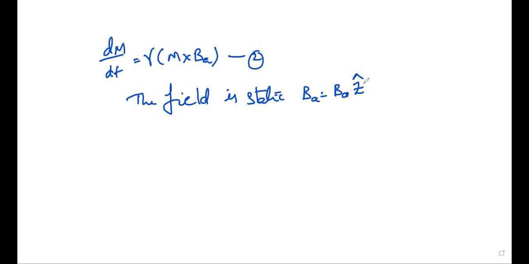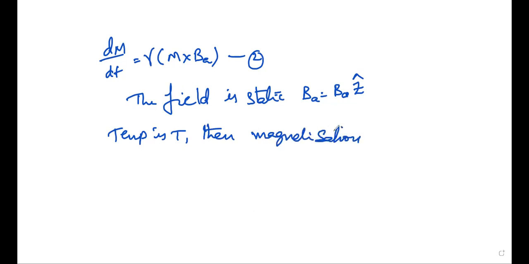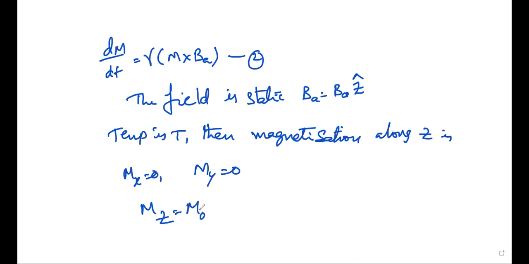In thermal equilibrium at temperature T, the magnetization along x is 0 and along y is 0, and the magnetization along z, Mz, is equal to M naught.